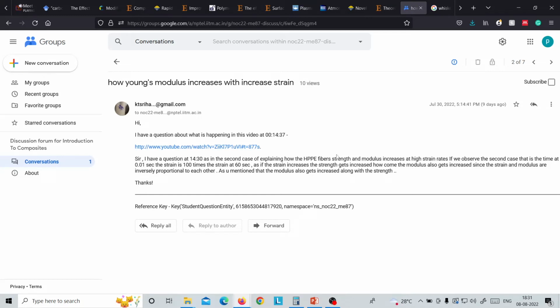So when we give an impulse, where the amount of elongation you are giving per minute is very high, that would be considered a high strain rate. While the one in which we are steadily elongating the material, a few millimeters per minute, would be a low strain rate.